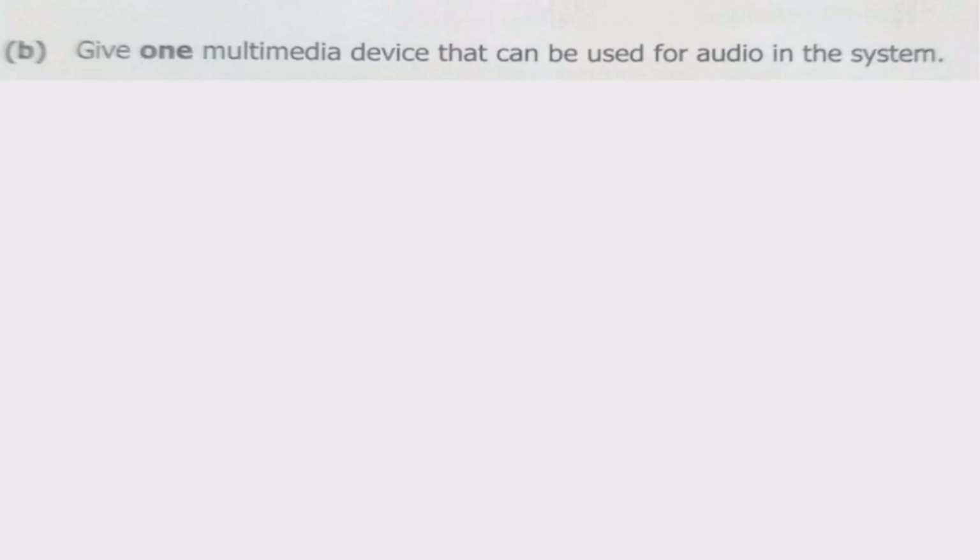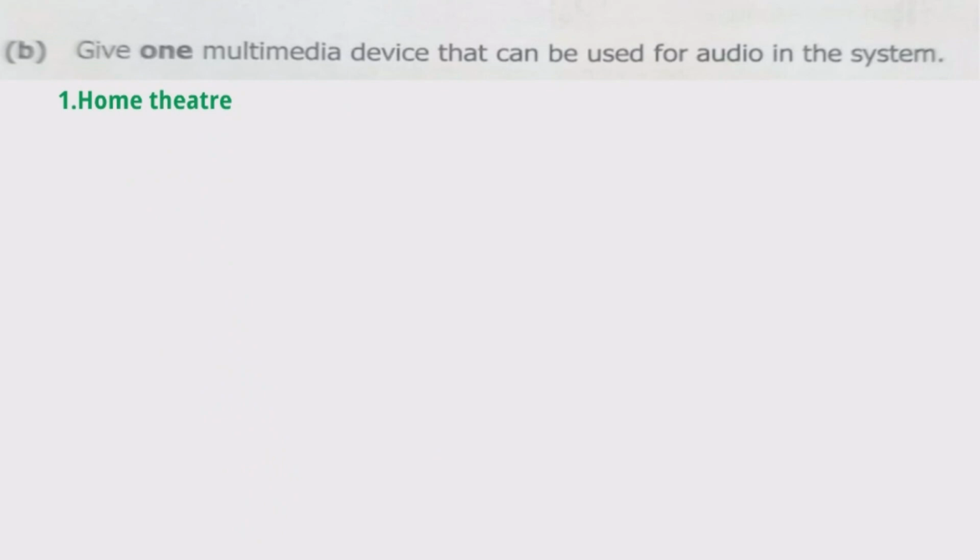It can be a device that is used as an input or that can be used as an output. So we can mention any. The most common one that deals with the media, the one we know, is the speaker or home theater. Speaker or home theater also deals with audio.